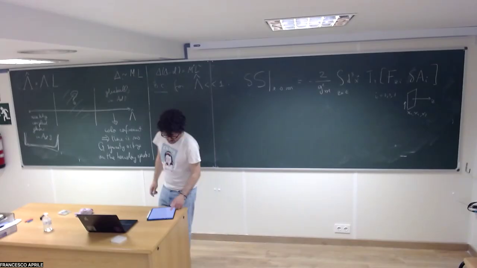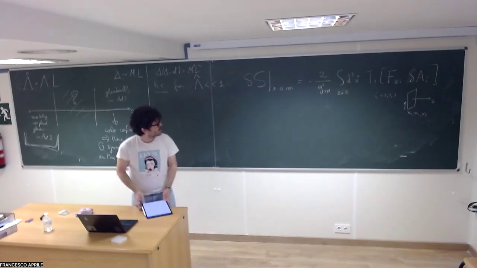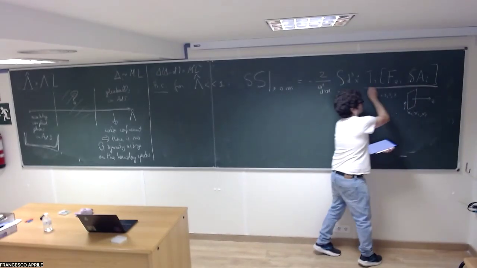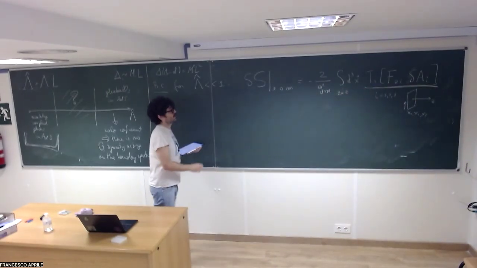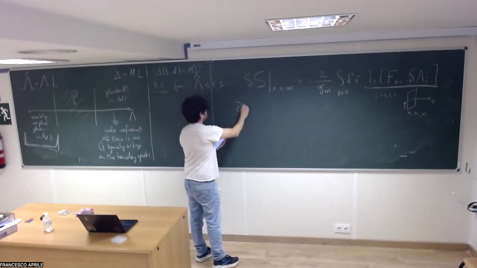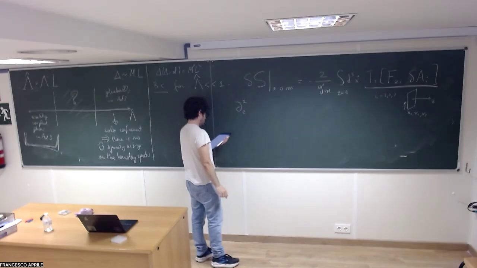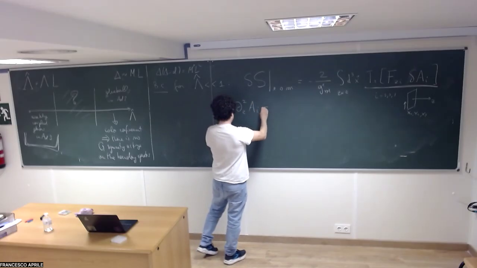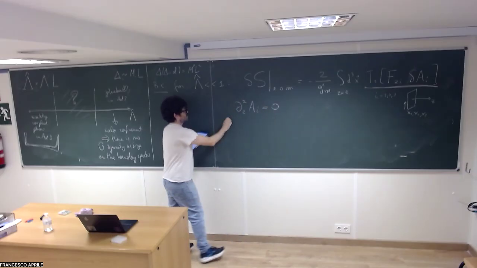Now we want to find some boundary condition that cancels this term, and it needs to be compatible with the equations of motion. If you look at the equations of motion, the leading term for z going to 0 looks like this.